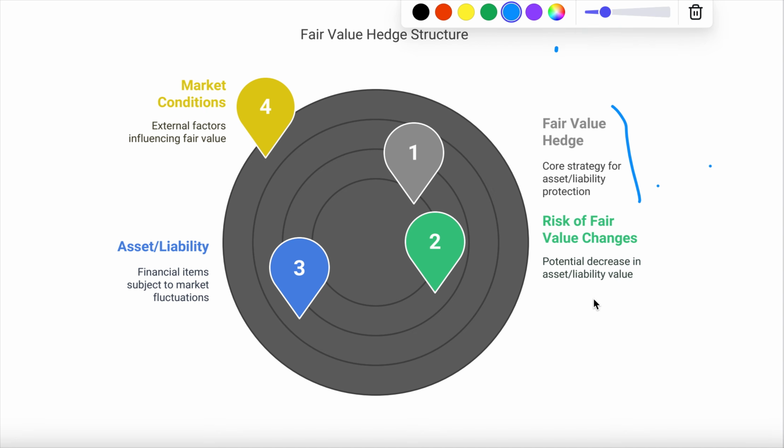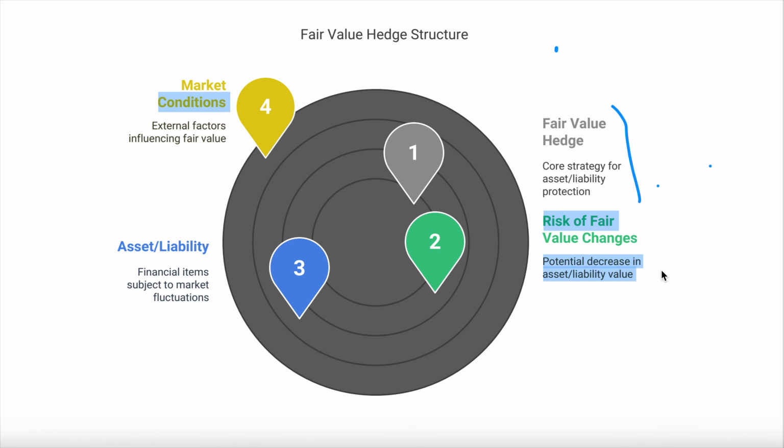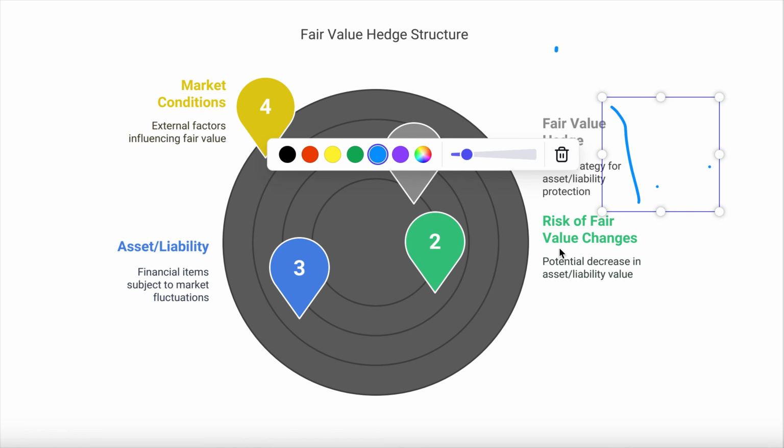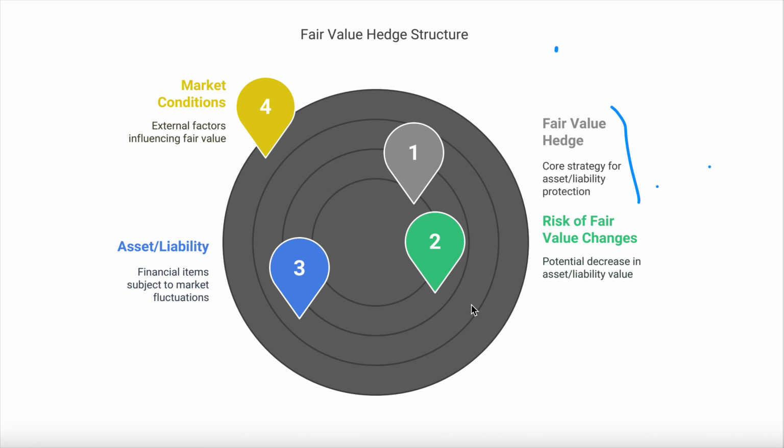And then you have the risk of fair value changes. Number 3 is your asset liability financial item subject to market fluctuations and market conditions, external factors influencing fair value. So these are the 4 things. This is the fair value hedge structure.